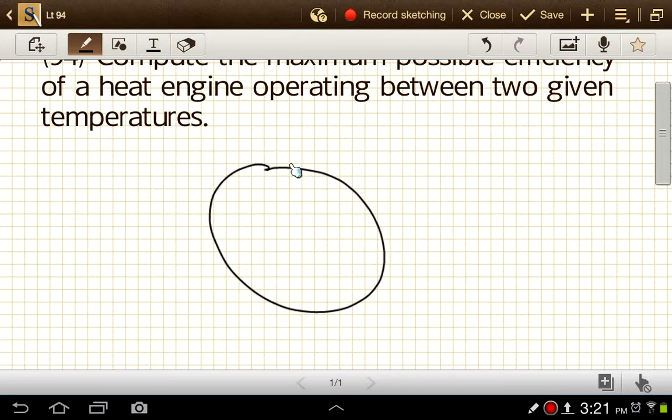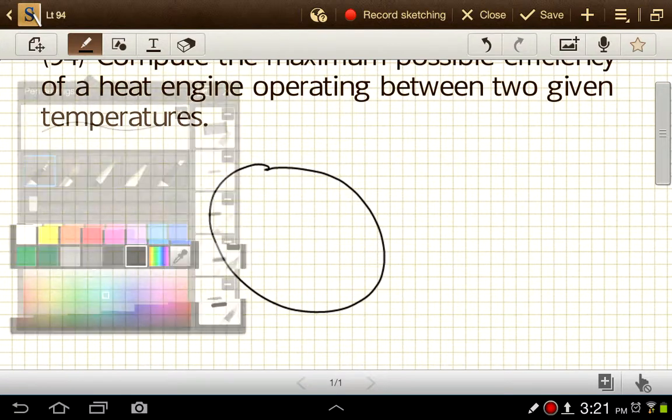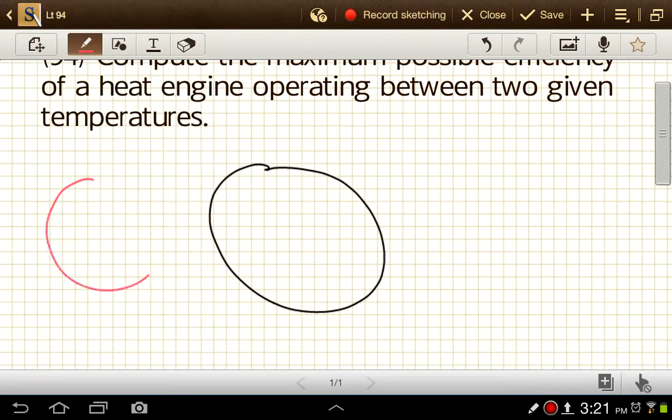We have some system here, some gas with our pistons, with whatever else is involved here, and then going into that, we have energy in the form of heat, and this will be at a temperature that we'll call TH, the hot temperature, and we're going to have some heat flowing into this system, and the amount we'll call QH, the amount of heat that comes from our hot temperature stuff, matter, whatever that thing is, and goes into our system, into our engine here.